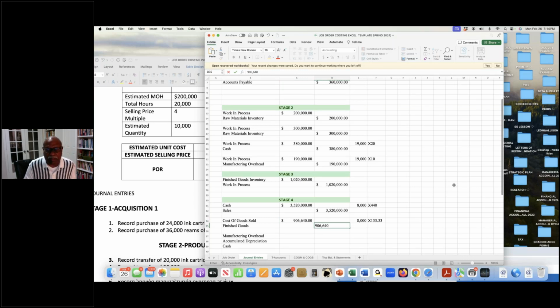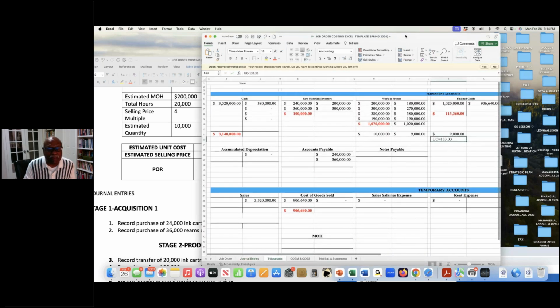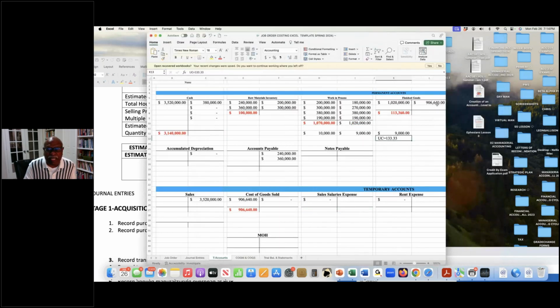Any questions? So 906,640 is there. Y'all better use these spreadsheets. It puts it in cost of goods sold, and 113,360 is what's left in the account.